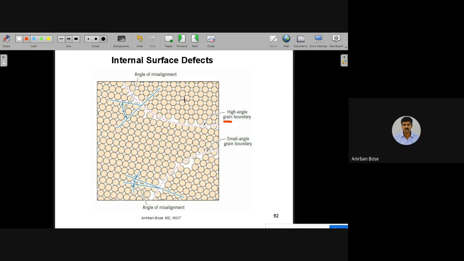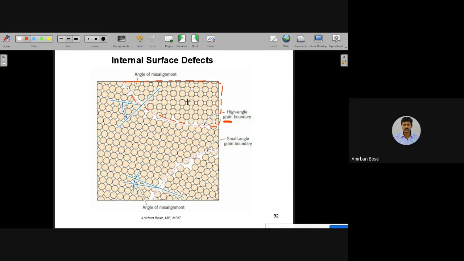If you see the pattern in this particular region that I am shading, it is a grain. Within this particular grain, the atoms are arranged in a periodic fashion, so that each and every atom has an identical surrounding.